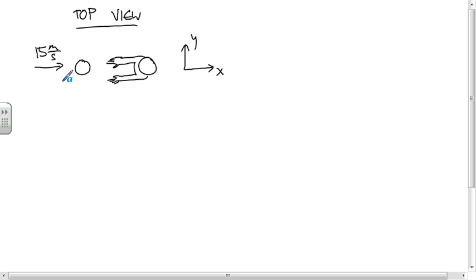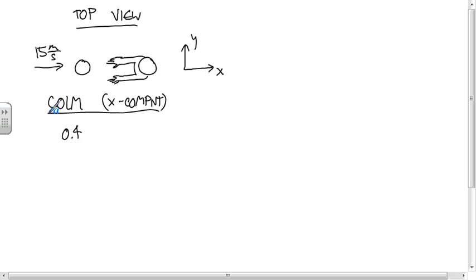So the first equation comes from the x component of conservation of linear momentum. Before the collision, we have the mass of the ball times its velocity.